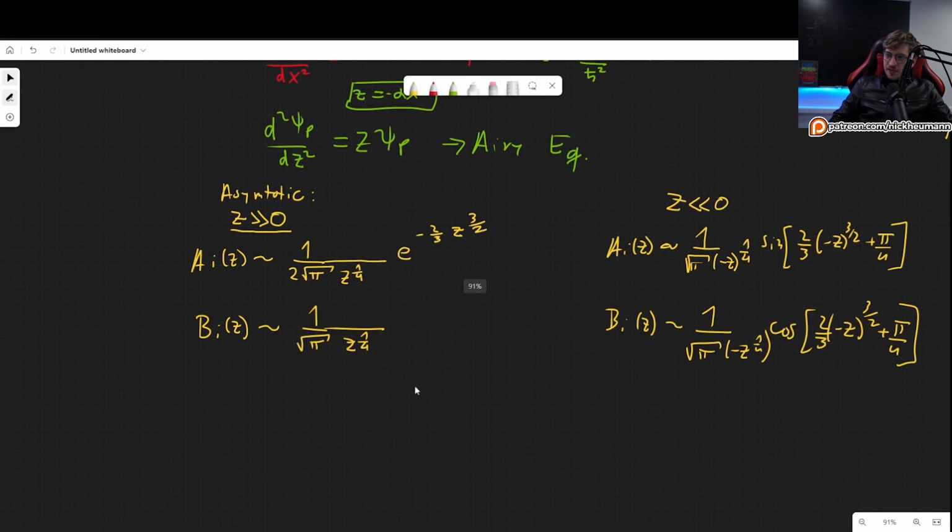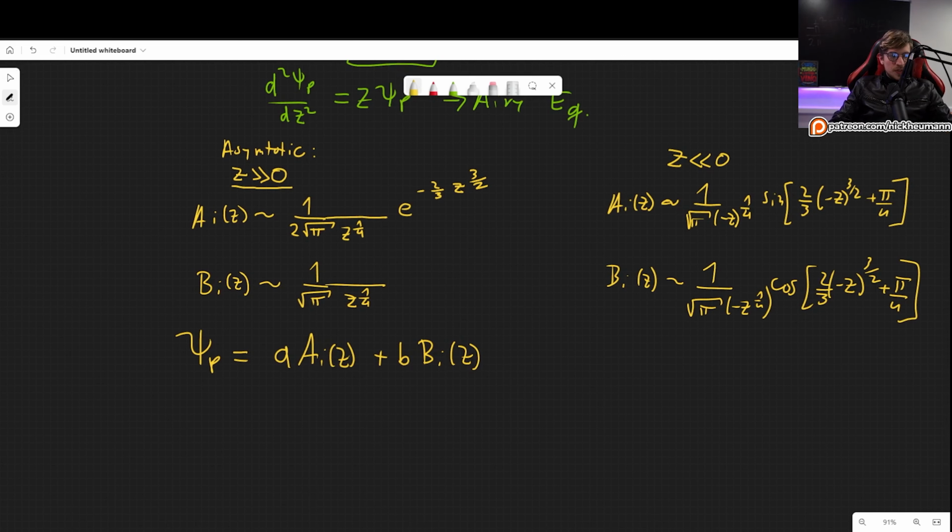Our patching wave function is going to be a linear combination of Ai, the Airy function of the first kind, and Bi, the Airy function of the second kind.